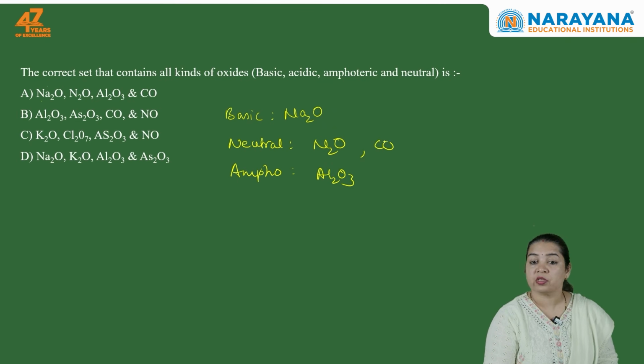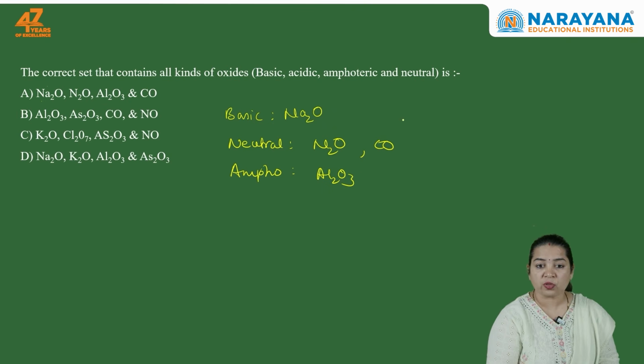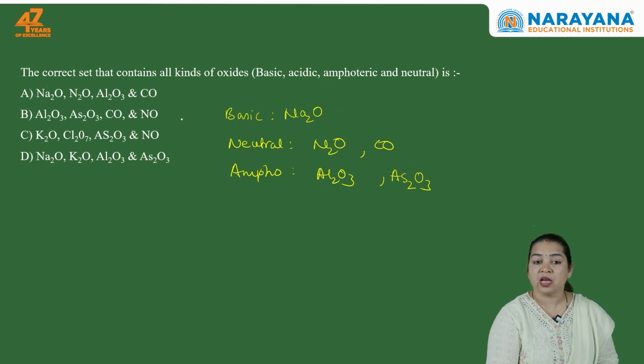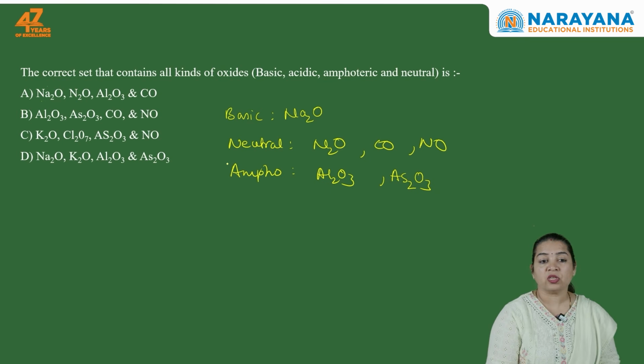Oh, carbon monoxide is also neutral. So we missed out. Coming to the second option, Al2O3, already we said amphoteric. As2O3 is also amphoteric. Okay, arsenic is also amphoteric. Carbon monoxide is neutral. NO is neutral. So there is no basic oxide in B option.